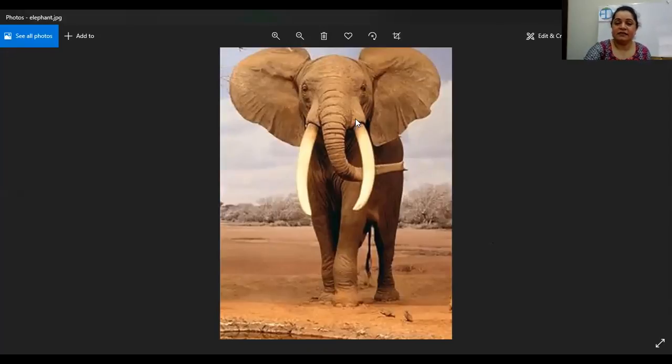So now look at this elephant. This has got these tusks. These are called the tusks, right? Now if you have a look at this, this is the tusk, which you can see over here. These are the two tusks. Are these the teeth which we can see?